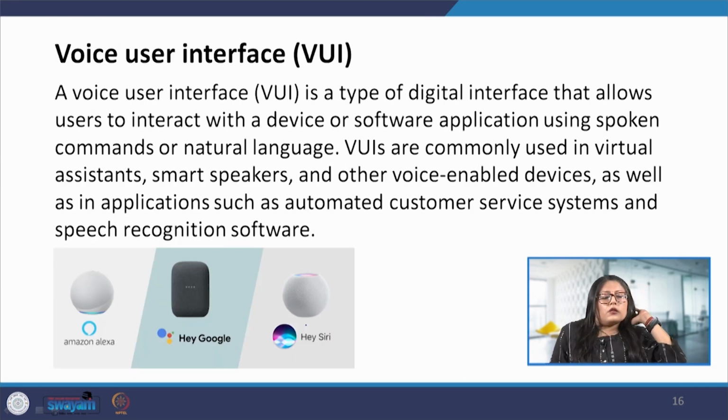Now, voice user interfaces. So, users here can interact with the device or application by speaking commands or questions which are processed and interpreted by a speech recognition system, and the system then generates a response which may be spoken aloud by the device, or it may be typed across the screen.